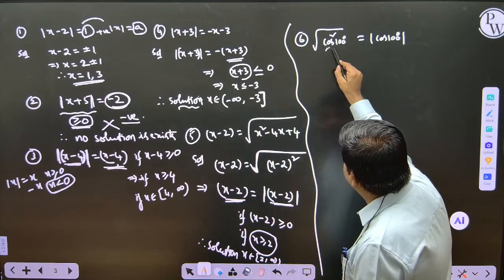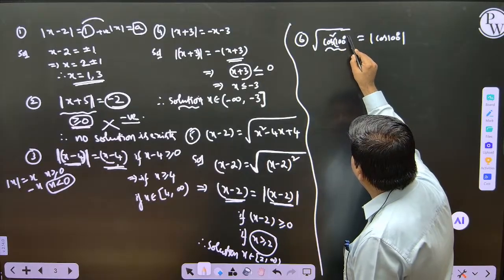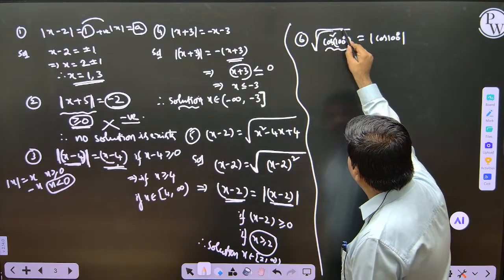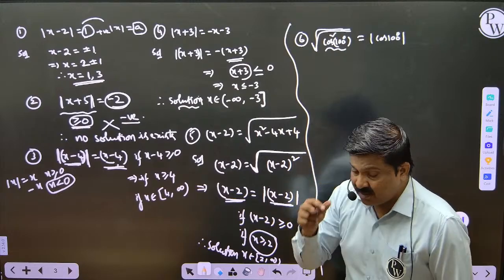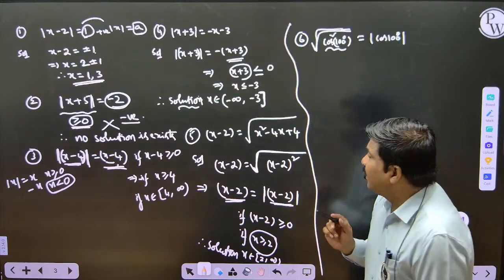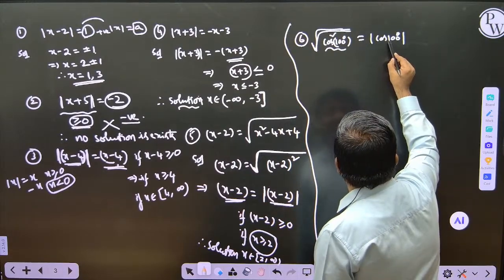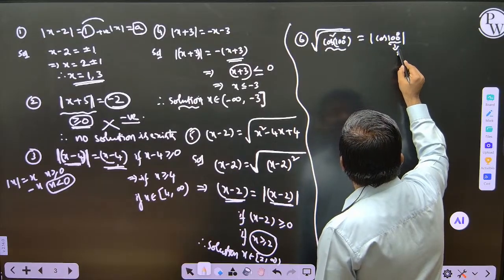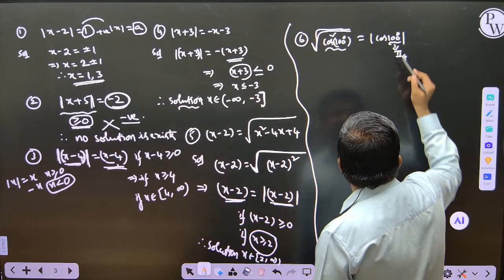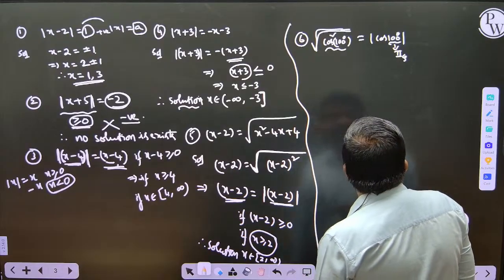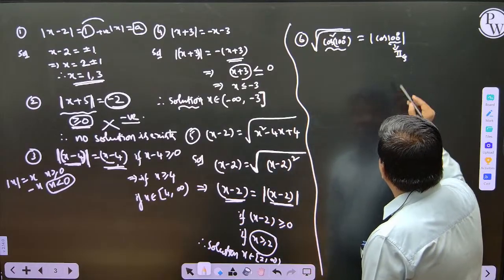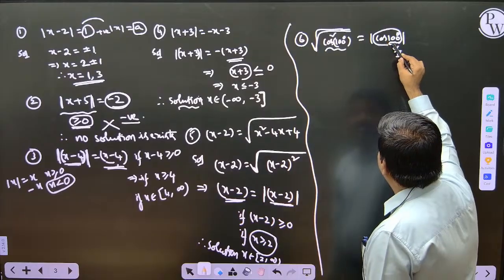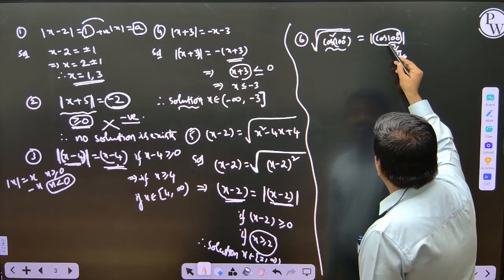It is cos square 100 degrees under a square root; root of a square can be written as mod a. But 100 degrees is in which quadrant? Second quadrant. In the second quadrant cos is negative.